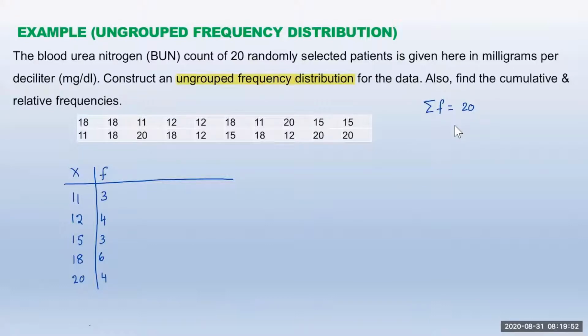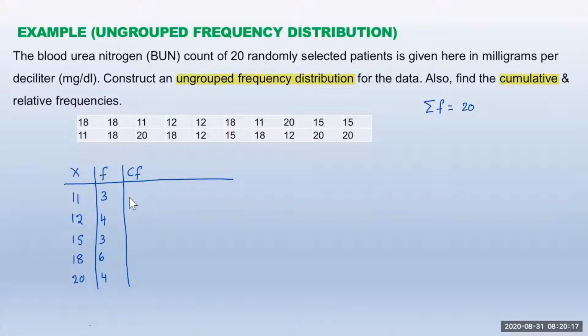Now, after this, we are asked to do a few more things. Next we want the cumulative frequency. Cumulative frequency is denoted as CF, and it is the accumulation of frequency. If you look at this table now, how many 11 are there? There are 3 elevens, so we write 3 first.